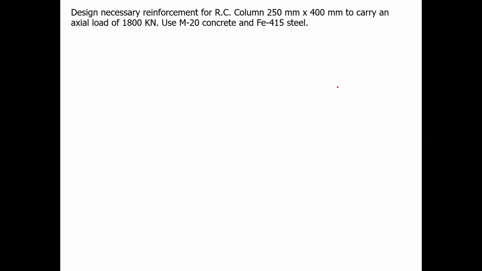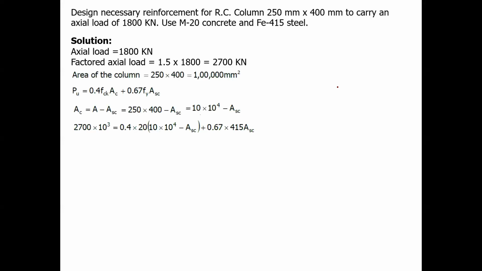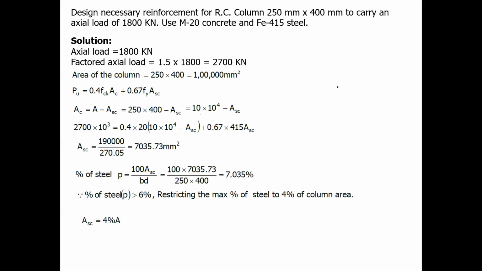7.03%. Good, Disha. Right, it is 7.03. Whether it is within the permissible limit? No, sir. So when it is not within the permissible limit, you have to consider the maximum percentage of steel, that is 4% as per the codal provision.